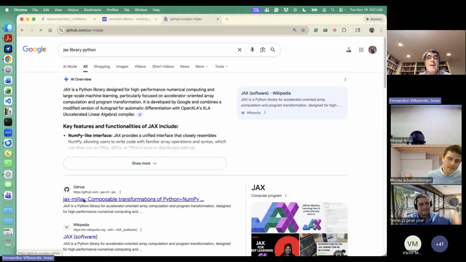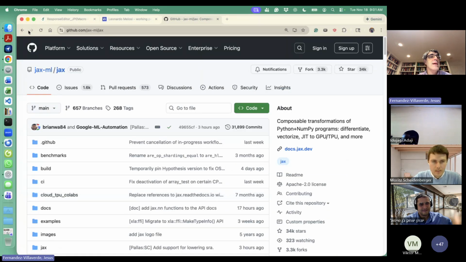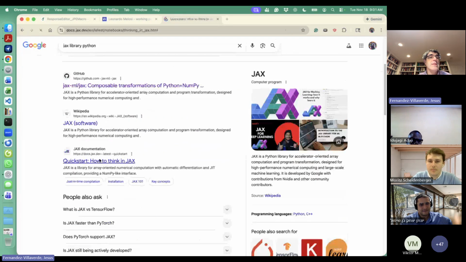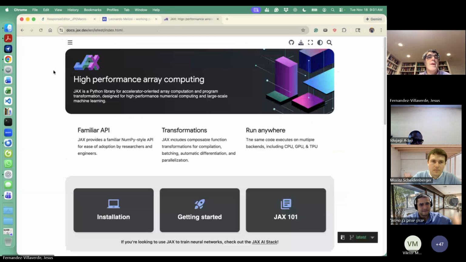Okay, over here you have it. JAX is very nice. In terms of power, it's more powerful than PyTorch. It's also a little bit harder to understand. It uses functional programming, which, if you come from computer science, is very natural.